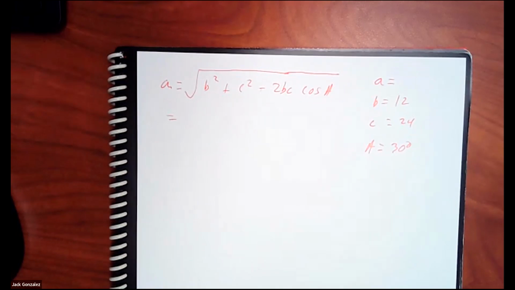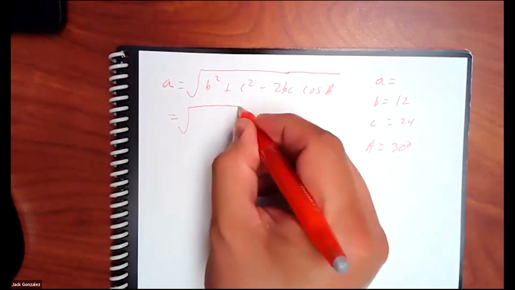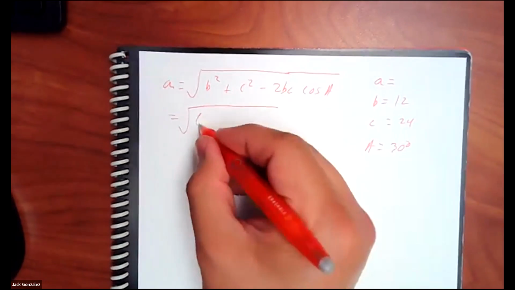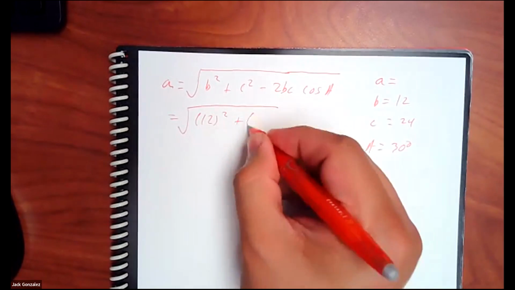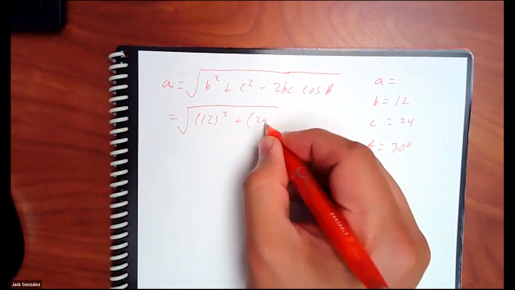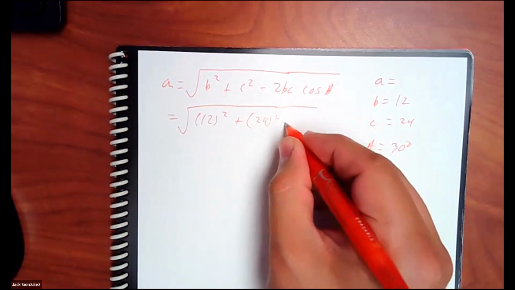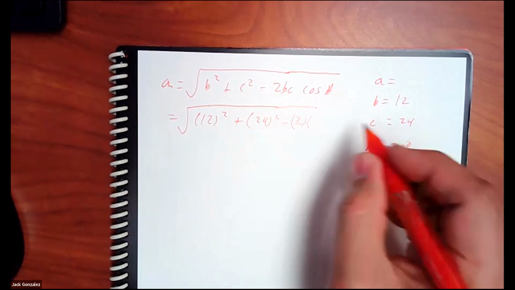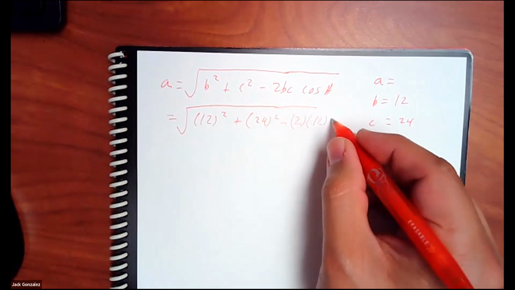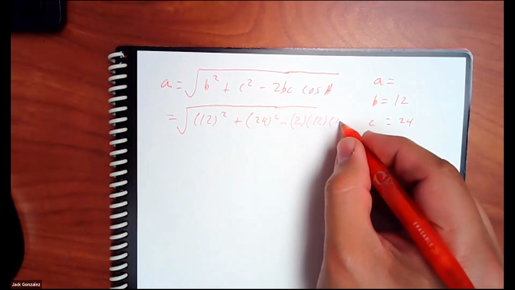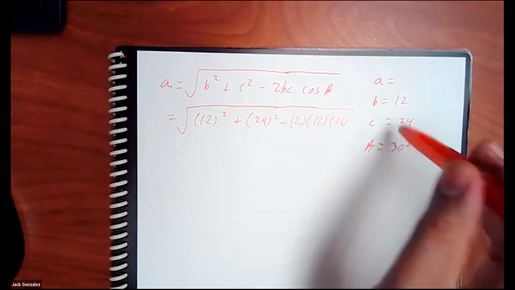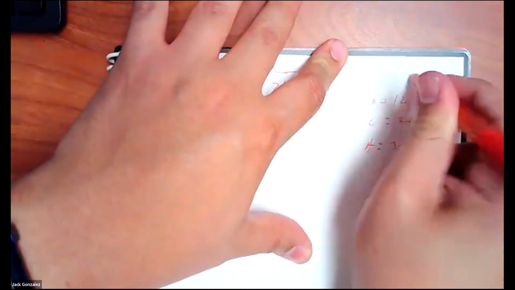Okay, so for little a, plug in the 12 squared, c, 24, minus 2 times 12 times 24, out of space. I'm gonna have to move this.